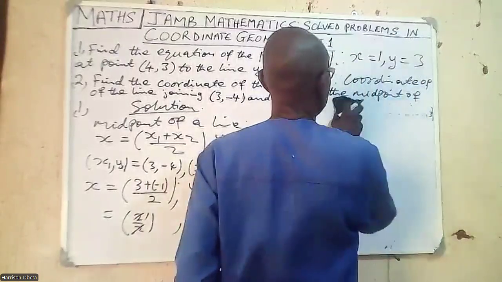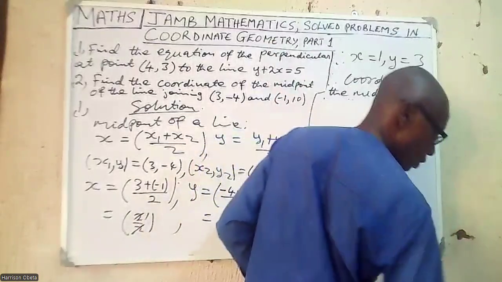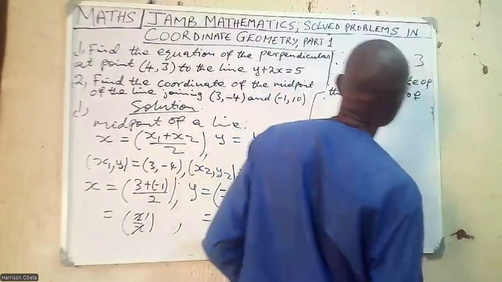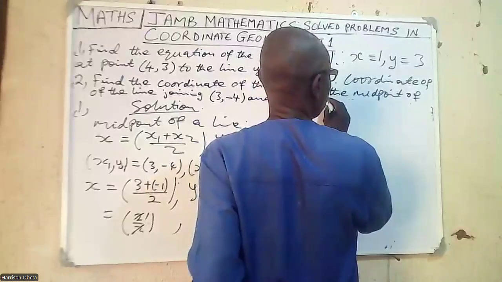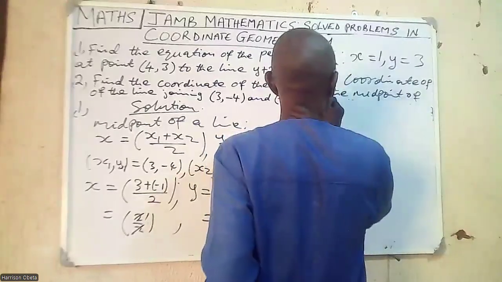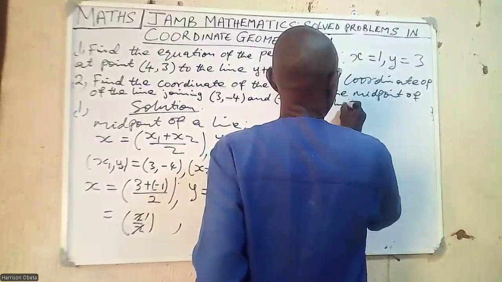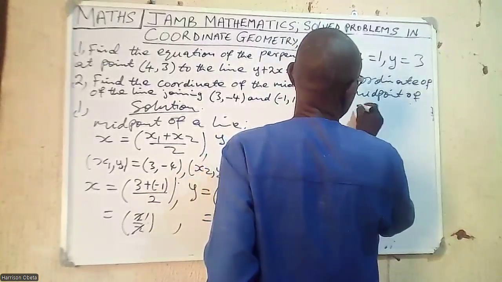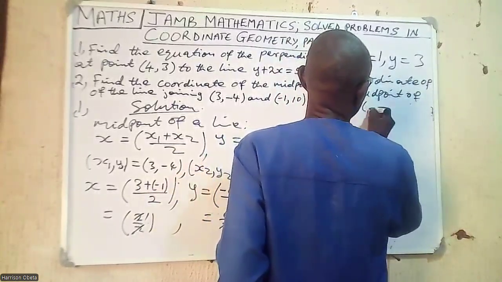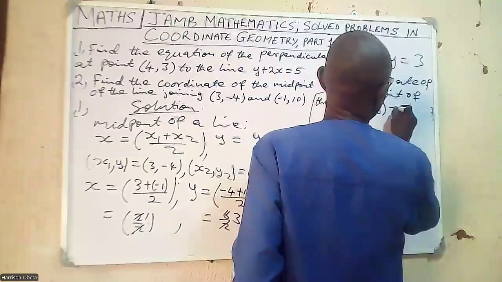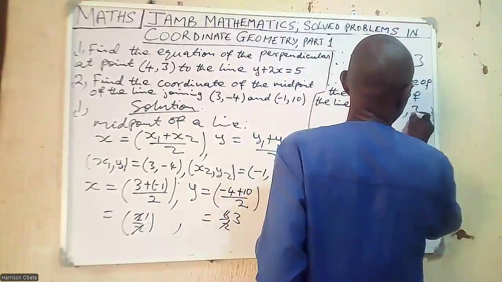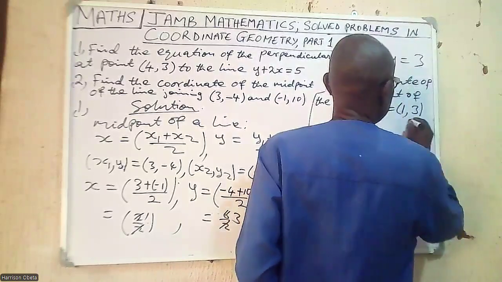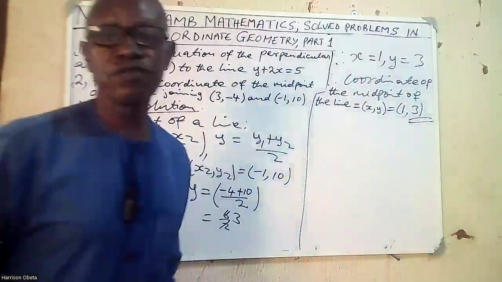Let me write it well. The midpoint of the line is equal to x, y, which is equal to 1, 3. So that is the midpoint of the line we are looking for.